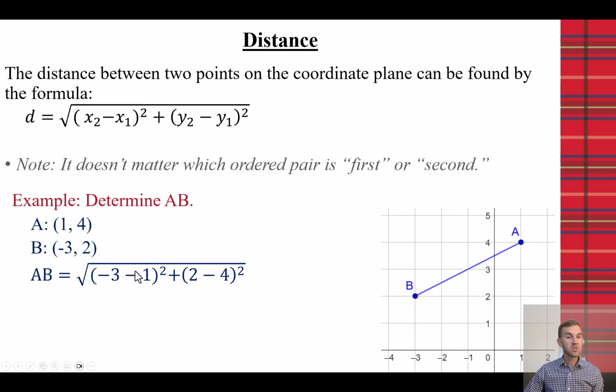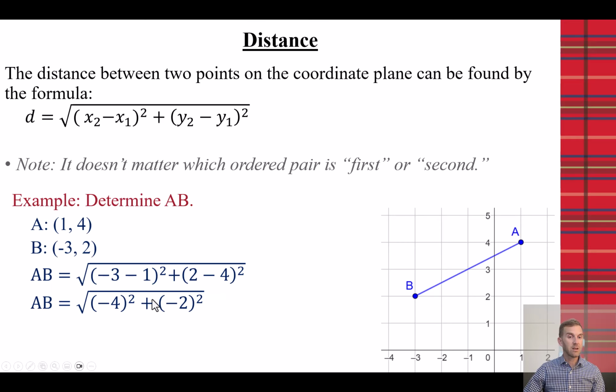We can then substitute the values into our distance formula, and I did use B as my second ordered pair, and that's fine. Just pay attention to your negatives as you go along doing this. Negative 3 minus 1, 2 minus 4. And then as you simplify, make sure you're keeping your parentheses, because if I put this in a calculator, negative 4 squared is different than saying negative parentheses 4 squared.